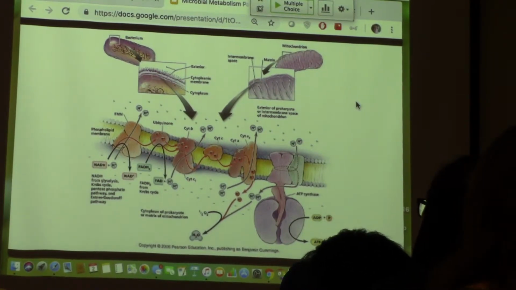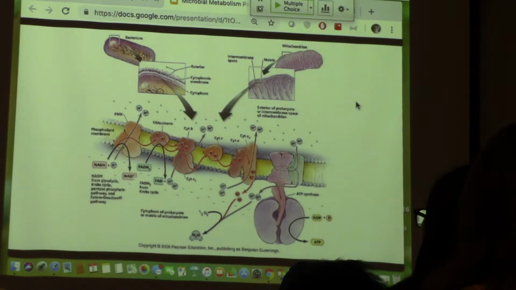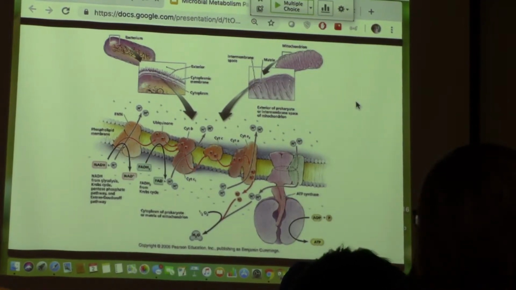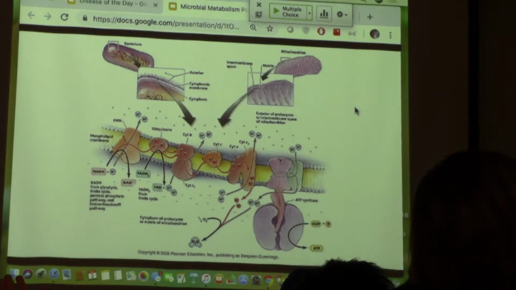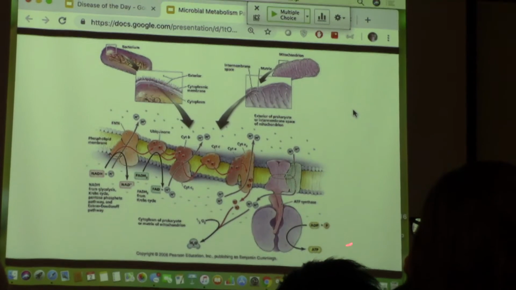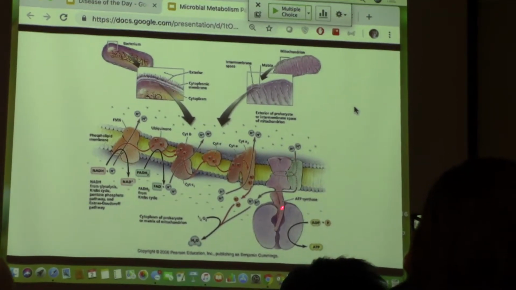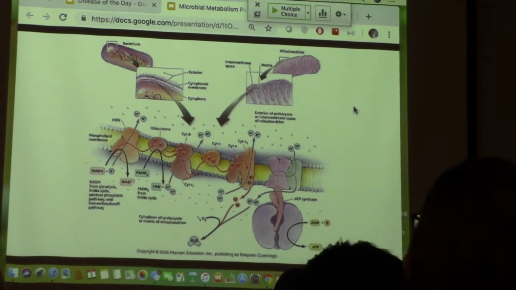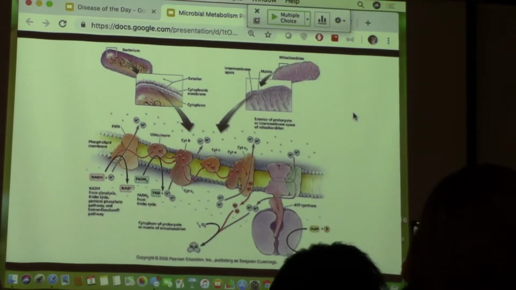And what's going to happen is the cell is going to say, okay, protons, you can go back through the membrane, but you have to make ATP on your way. So it's got a molecule called an ATPase, or ATP synthase, depending on which book you read. And as the protons go back through, it's a molecular motor. It causes it to spin, and it uses that energy to make ATP from ADP and phosphate.